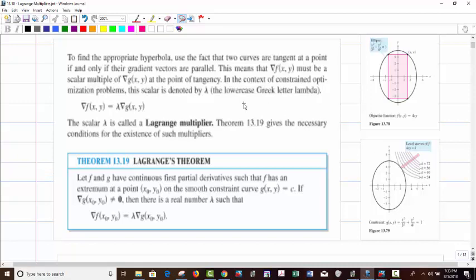Now, there's a rule whenever you have two graphs tangent like this, and that's what's going to lead us to another equation to help solve the optimal value: two curves are tangent at a point if and only if their gradient vectors are parallel.